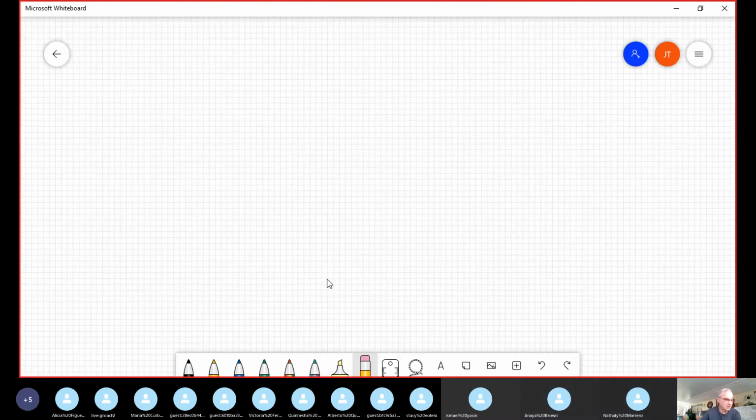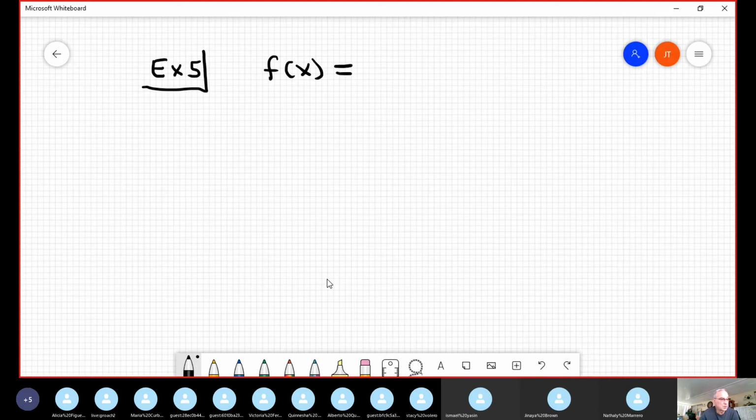Okay, this example, what number is the example? 1, 2, 3, 4, 5, no? Example 5. Example 5 is also tricky. Look at that. f of x is equal to x squared minus 4x plus 5.